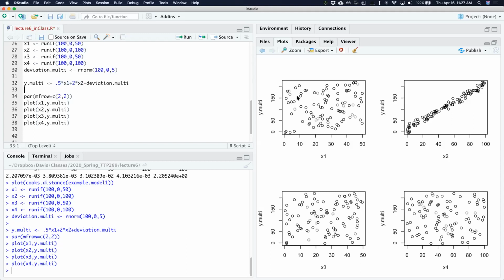So when we think about the relative magnitude of the effect, x2 in this case is kind of swamping out the effect of x1. It's 4 times bigger, and x2 is also random, and so that randomness is outweighing the direct relationship that we're seeing between x1 and y.